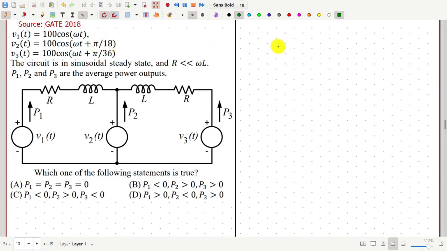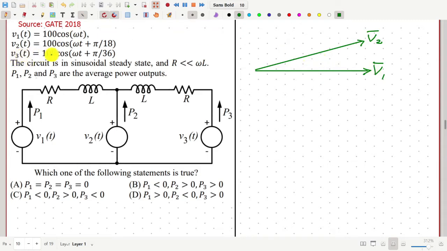Okay, so if we draw a phasor diagram, then if V1 is here, the phasor voltage corresponding to V1, then V2 is leading this voltage by 10 degree. This is V2. They are very close to each other. The gap between them is 10 degree only, although I am drawing it quite larger.